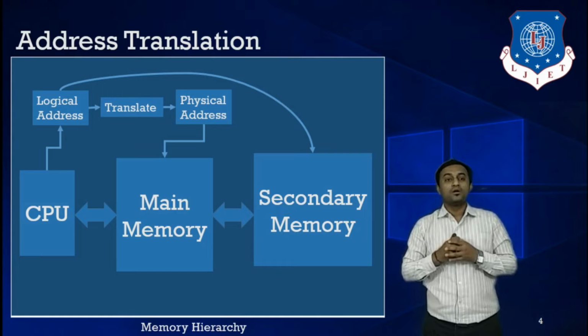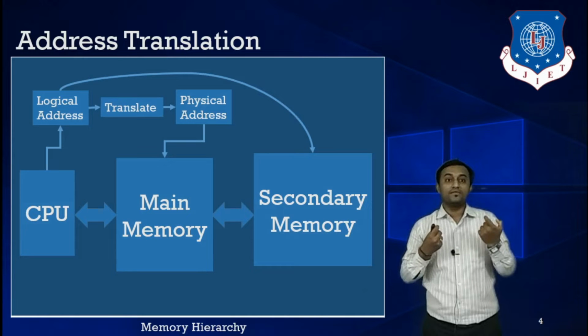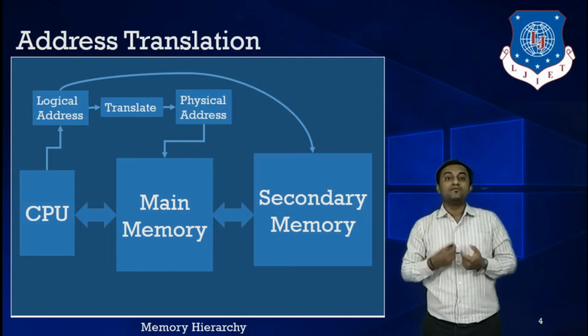With the help of a logical address, the CPU can directly deal with secondary memory, because secondary memory can communicate with logical addresses. But with secondary memory, we cannot achieve the desirable criteria that we discussed in the previous session.